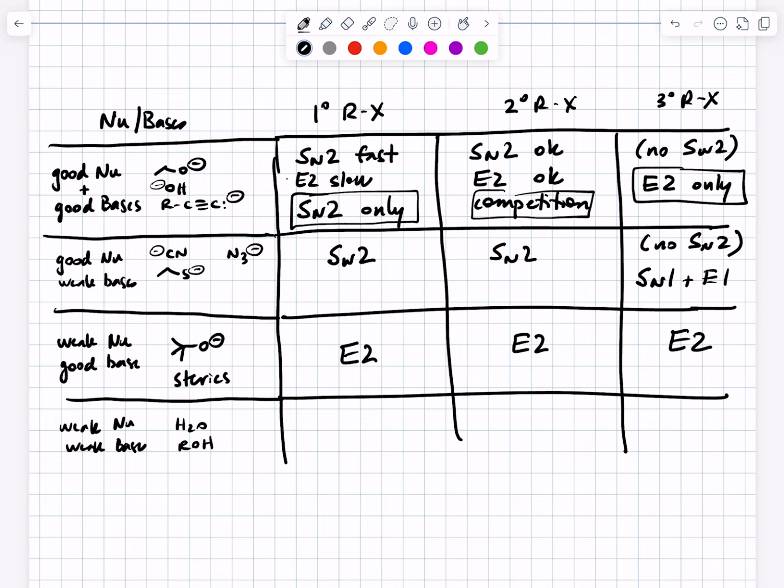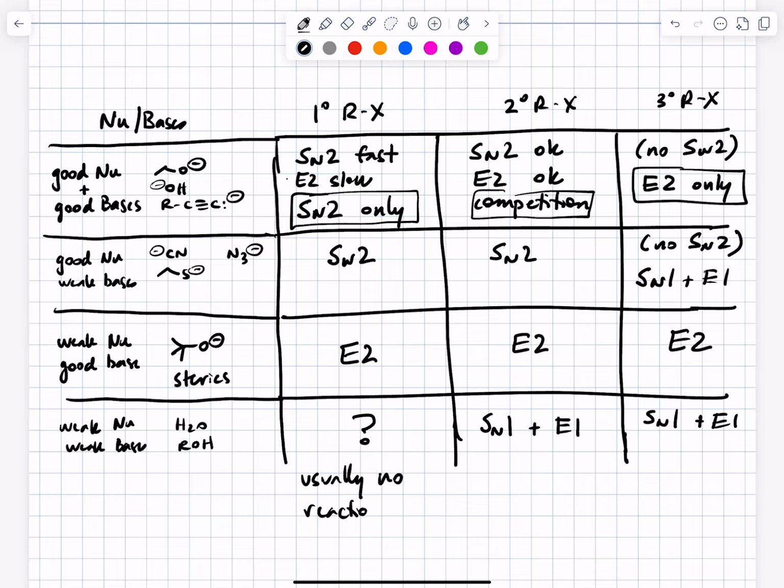Okay? And then lastly, for the weak nucleophiles that are also weak bases, you're used to doing this for secondary and tertiary alkyl halides and seeing SN1 be the answer. Now we're going to add in E1. Here we're going to say question mark, usually no reaction, but what are you supposed to be aware of?